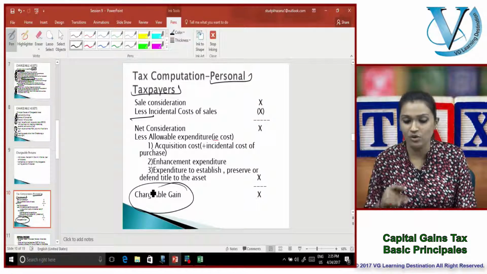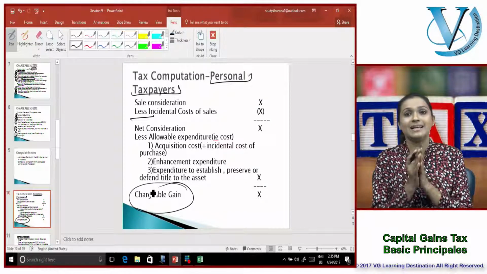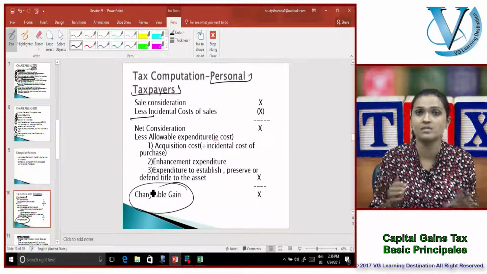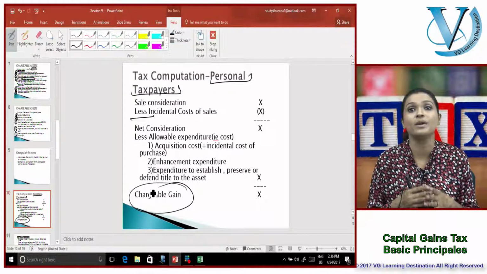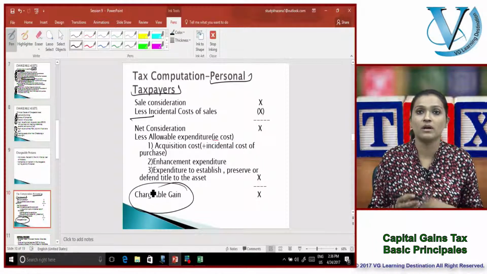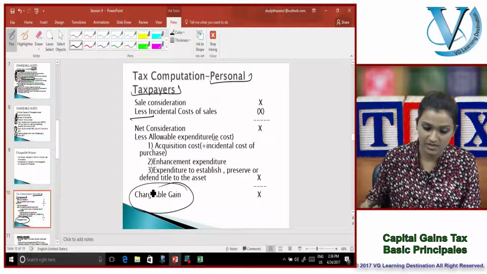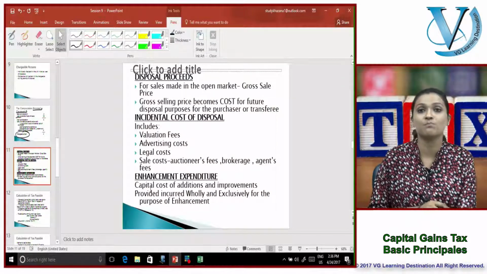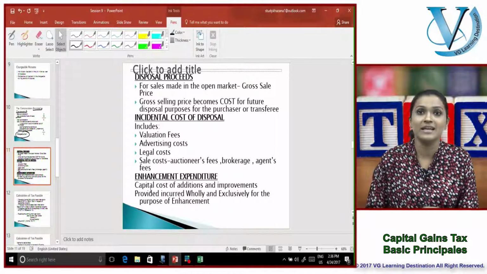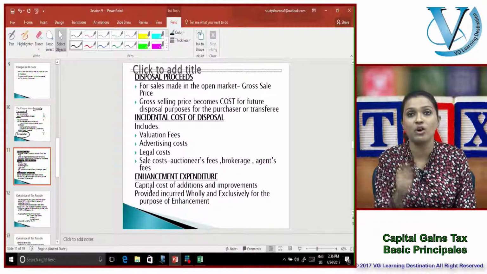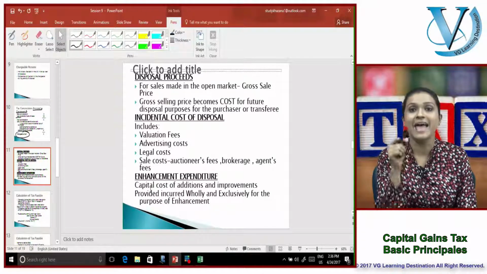Right, now that we know this broad layout, let's understand a few of these terms and what all it can encompass. What are the rules? What do we need to understand when we are talking about all of these terms? So what do you understand by disposal proceeds to start off with? Definitely these are the sale consideration. This is what you physically sold off the asset for.